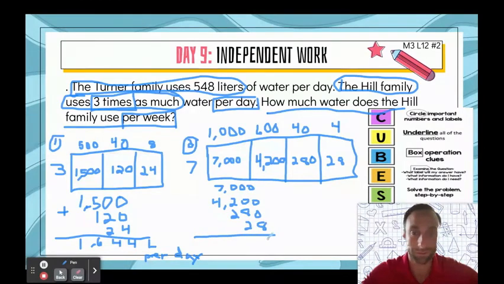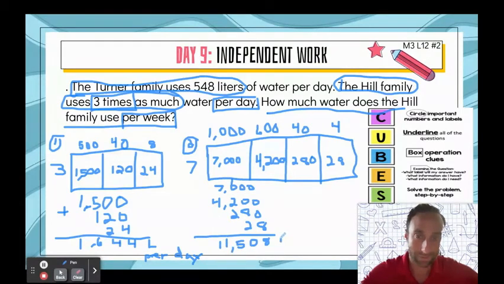0 plus 0 plus 0 plus 8 gets us 8, right? 8 tens plus 2 tens gets us 10 tens, 0. Regroup the 1. 1 plus 2 is 3. 3 plus 2 is 5. And 7 thousands plus 4 thousands gets us 11 thousands, 1, 2, 3.